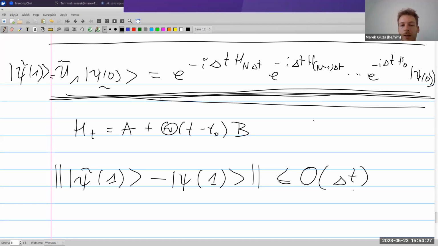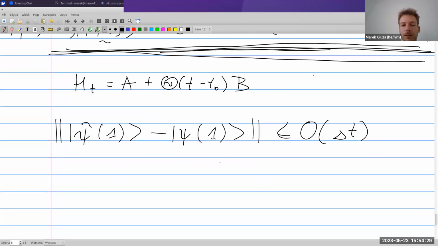Okay, so a reminder from previous tutorials, if I write this, then it means that there exists some constant such that I have this kind of scaling. And I could be interested, for example, in this dependence of the constant on some properties of the Hamiltonian. So for example, one idea is that we would like to have some dependence on the derivative.